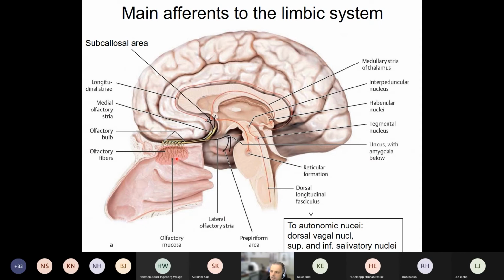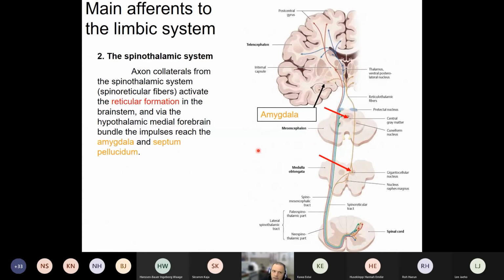Okay, so this is just one highlight of the olfactory and the food intake significance of the limbic system. One could give more details, but I think it's enough. I will come back to these tracts once again a bit later, but now let's go on to the other main afferent source of the limbic system, because the limbic information is also coming from the periphery, not only from olfactory impulses, but also from the spinothalamic system.